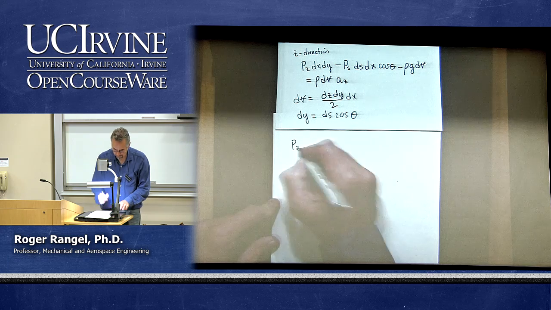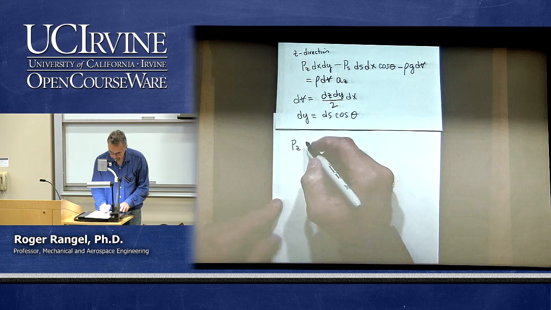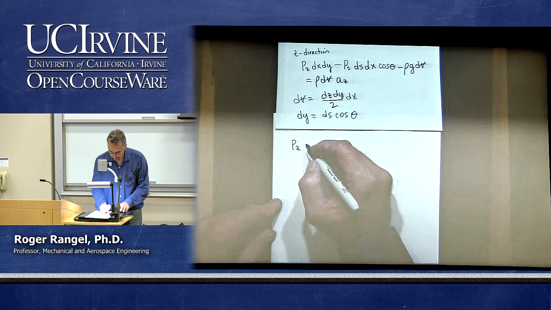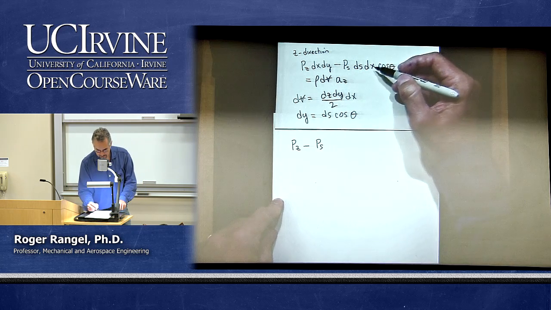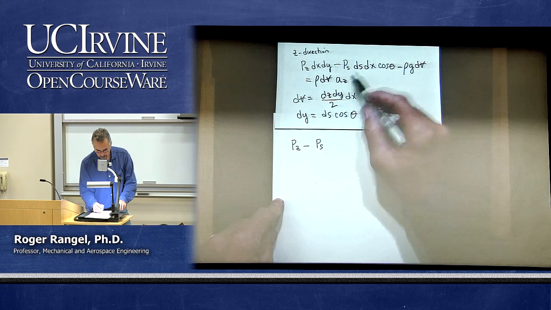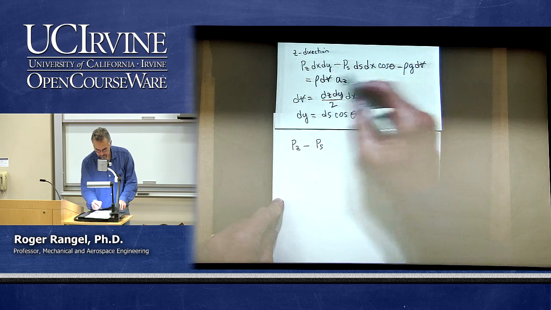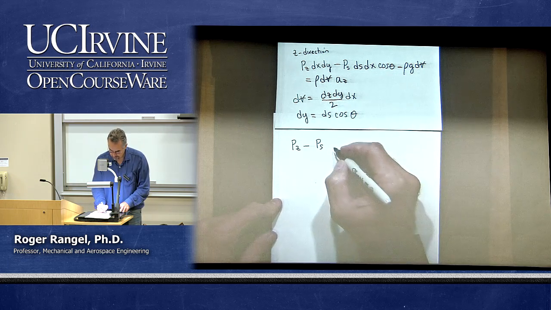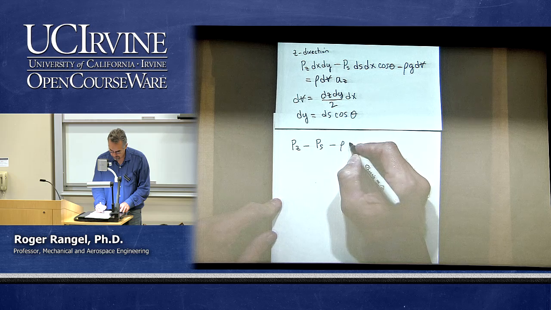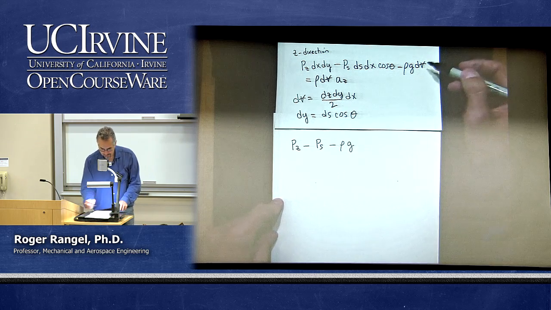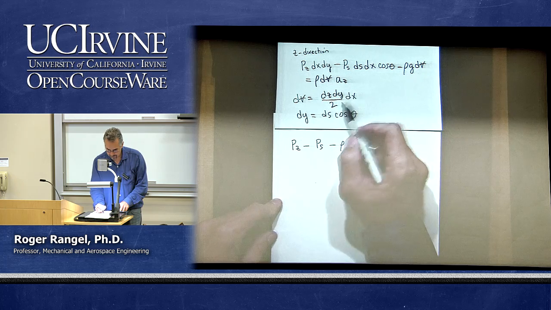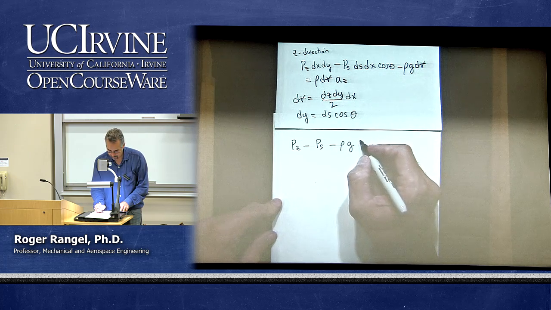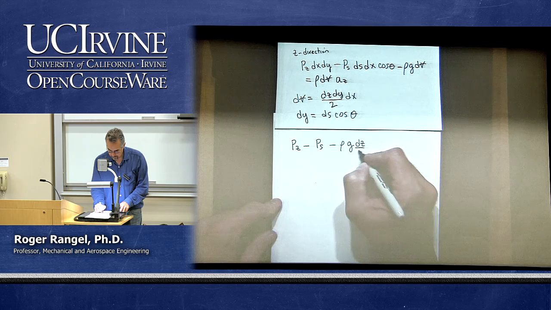pz, dy will cancel, minus ps. I divided by dx. ds is dy over cosine theta, so I'm also dividing by the dy, minus rho g. The dv is dz dy dx over 2. I divided by dx and divided by dy, but I still have the dz over 2.